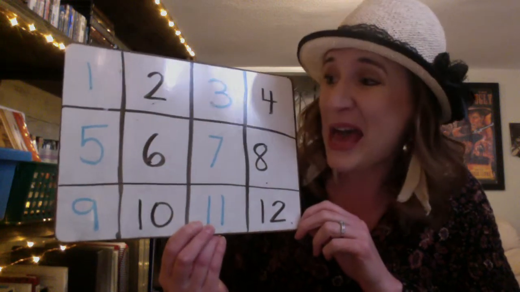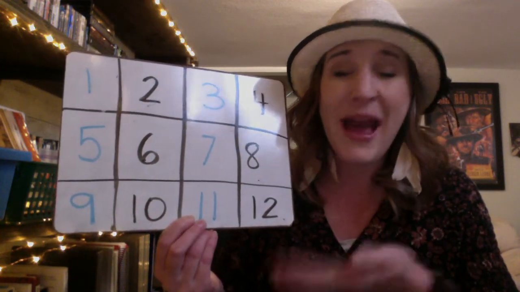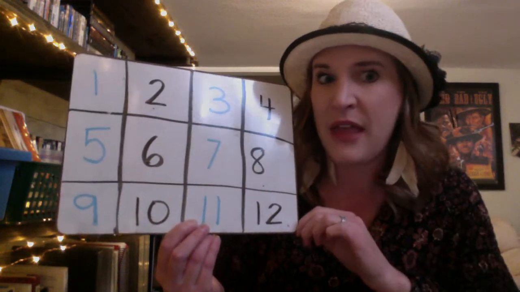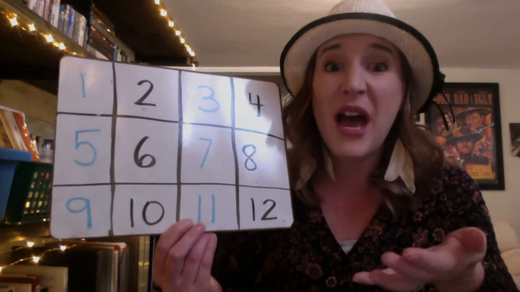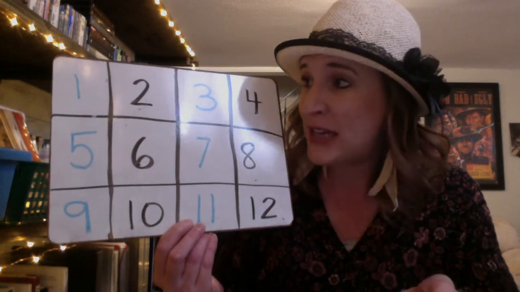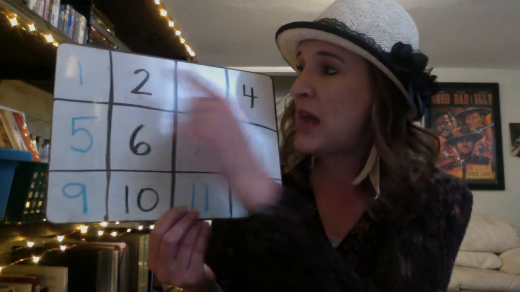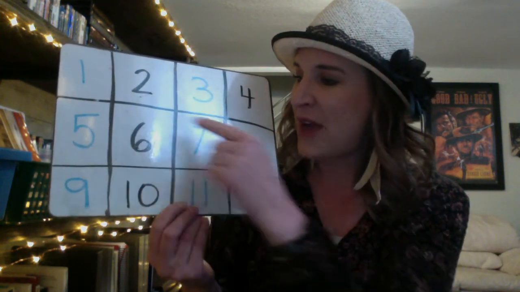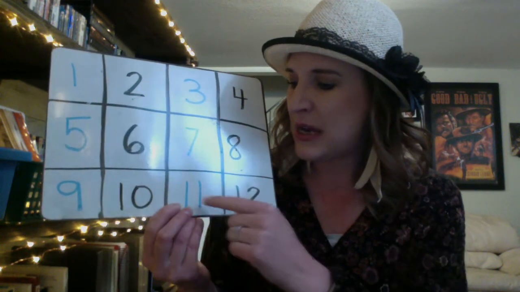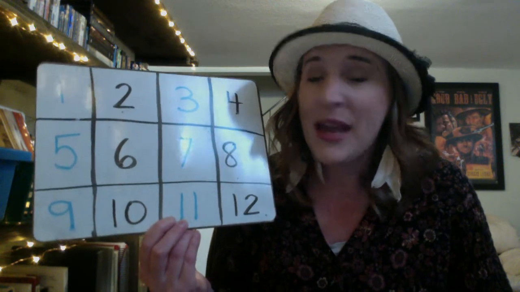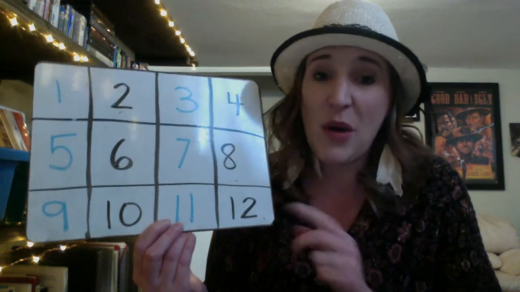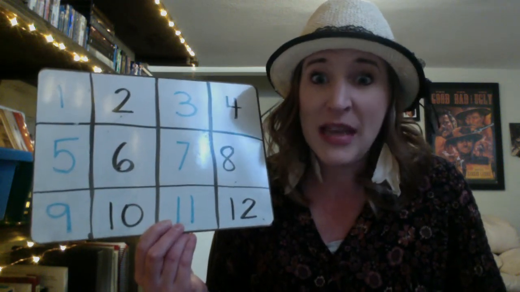All of our blue numbers here, they would all be odd numbers because if we were to lay them out with dominoes or anything we have in the house, there would be one item that would not have a partner. So it's odd. Okay, so all the blue numbers, 1, 3, 5, 7, 9, 11. Those are all odd numbers.